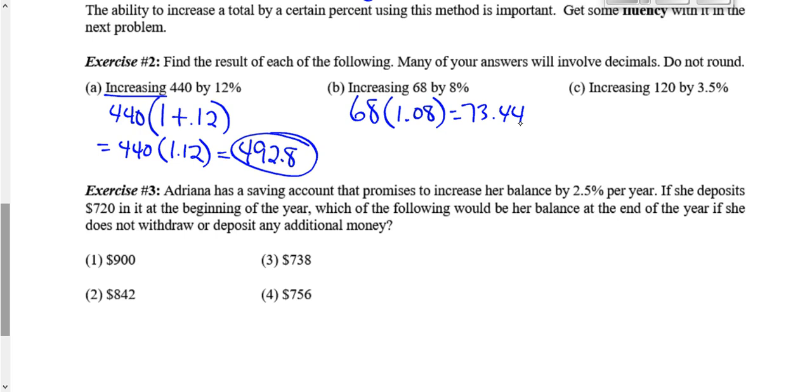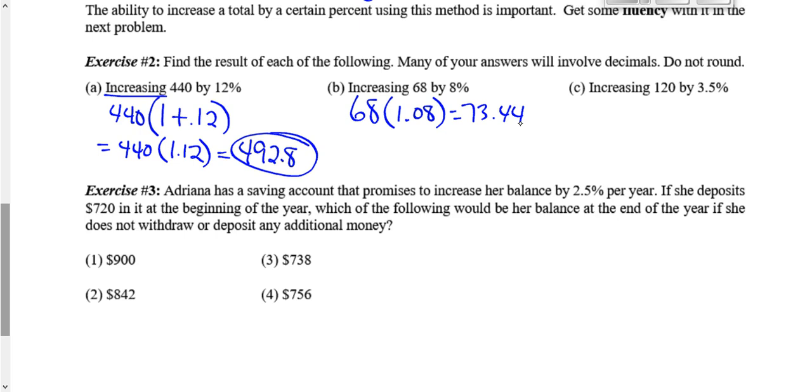Yeah, make sure you get your 8%. 448.68. Oh, well, that's a different issue. Kimmy, what do you have for C? What do you guys think of that? 124.2?